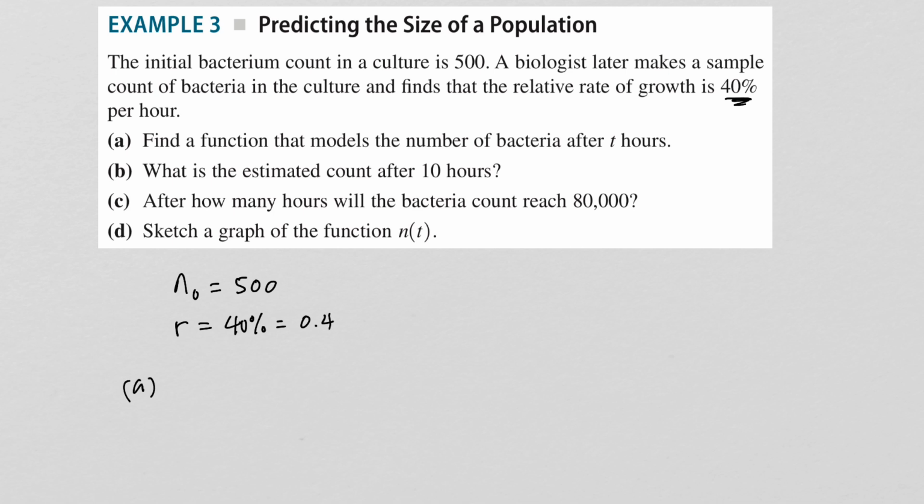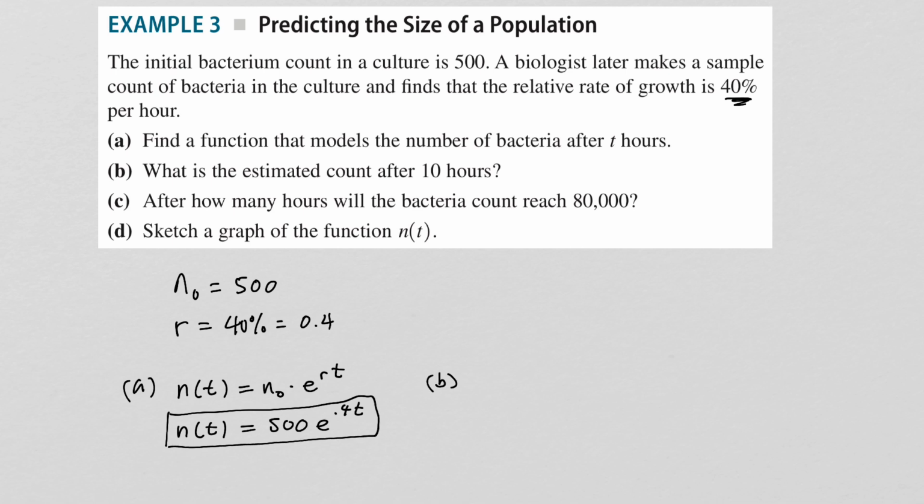So for part A, we want to find a function that models the number of bacteria after t hours. So this is simply N of t equals N naught times e to the rt. So we're going to have N of t equals 500 times e to the 0.4 times t.